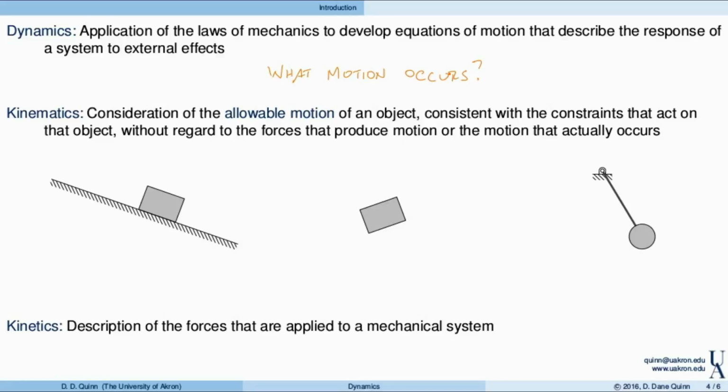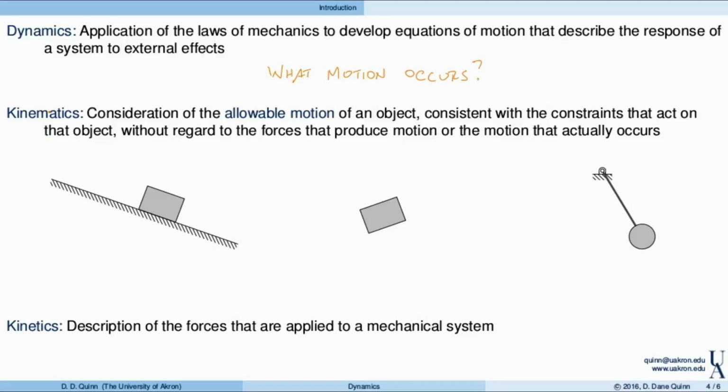But we said we break dynamics up into two parts, right? One is kinematics and the second is kinetics. Kinematics, again, is the consideration of the allowable motion. And it has to be consistent with any constraints that are applied and act on the object. But it's completely without regard to the actual forces that produce the motion or the motion that actually occurs.